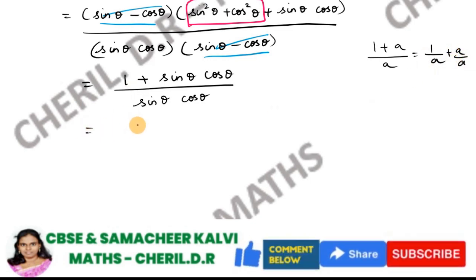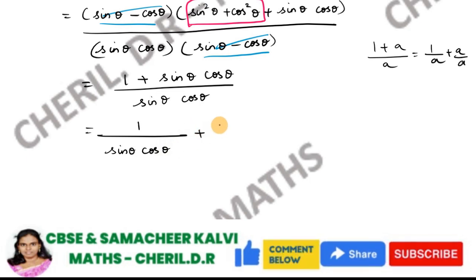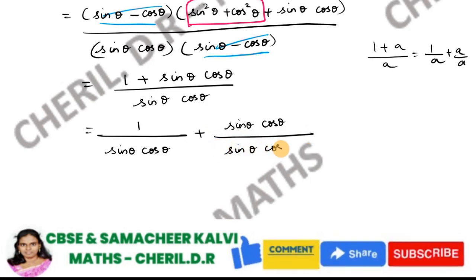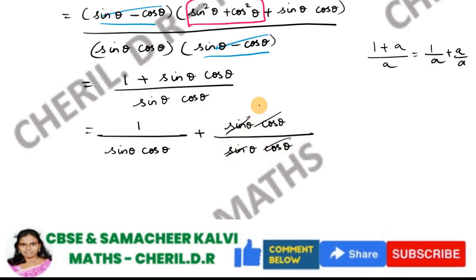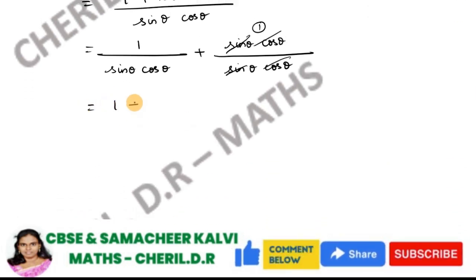So you can write it as 1 by sin theta cos theta plus sin theta cos theta divided by sin theta cos theta. So these terms will get cancelled, leaving a remainder of only 1. So I just put the 1 in front. I'll write it as 1 plus 1 by sin theta cos theta.